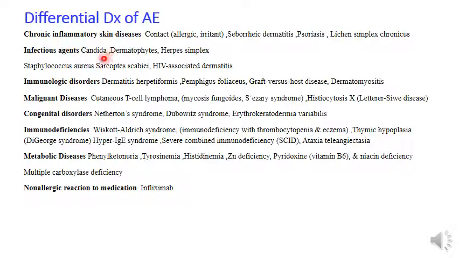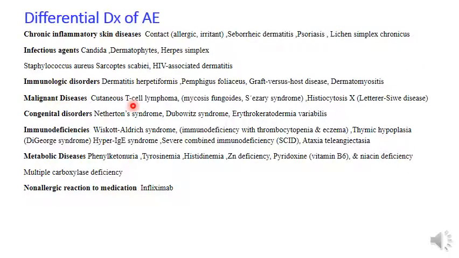Infectious agents like monilial infection, candida, dermatophytes, and herpes simplex virus, or bacterial like Staphylococcus aureus, Sarcoptes scabiei, or HIV related dermatitis. Other disorders like dermatitis herpetiformis, mainly seen in cases of celiac disease, pemphigus foliaceus, graft versus host disease, and dermatomyositis, a collagen disease.